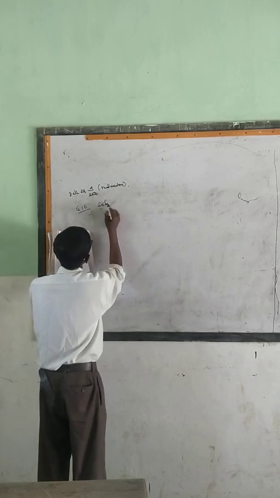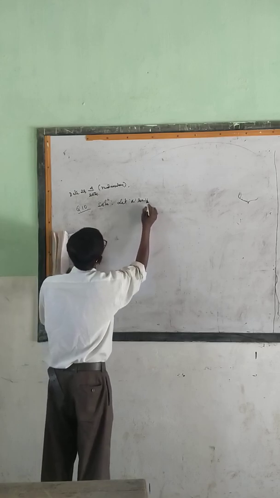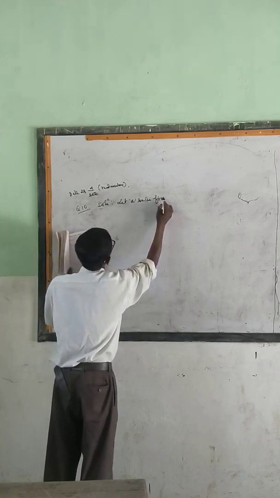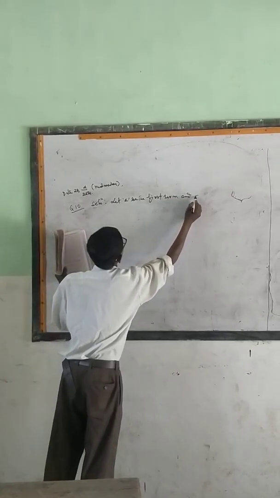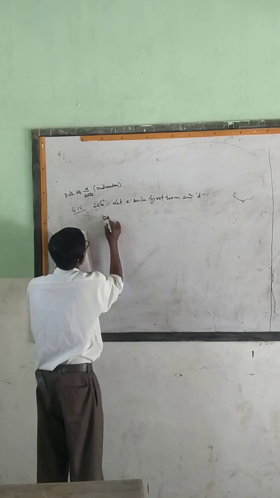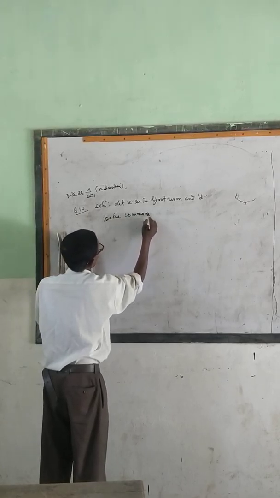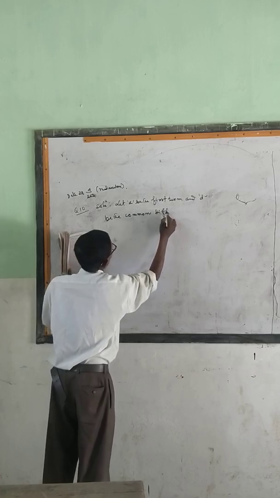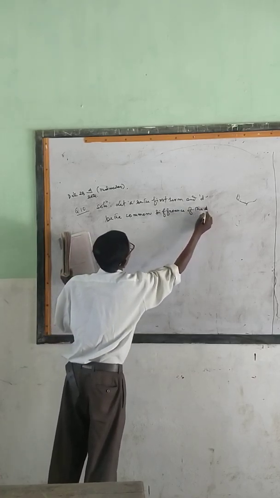So solution: let A be the first term and D be the common difference of the AP.